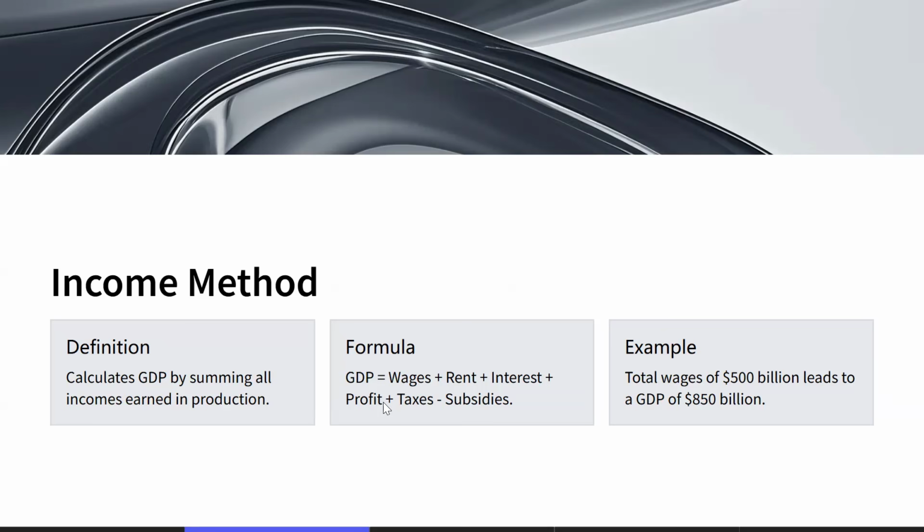We're going to do an example with this just now. If you want, I can give you a second. You can write down income method and write down the formula. Just remember, after profit, put plus depreciation, plus taxes, minus subsidies. I will give you a minute.